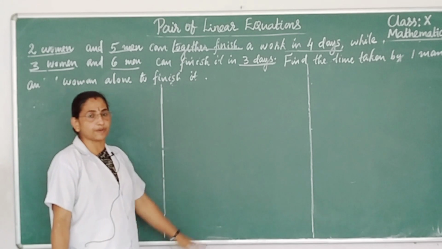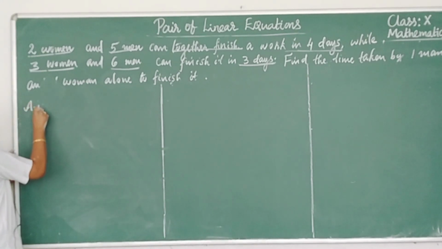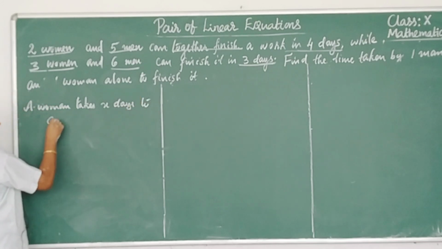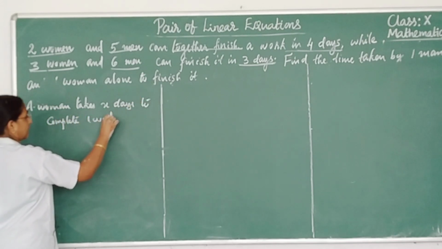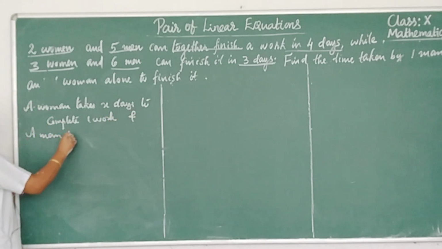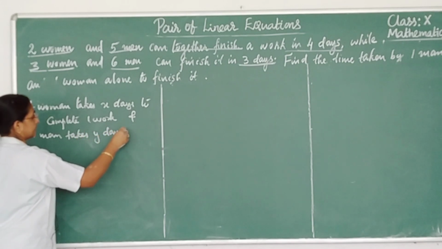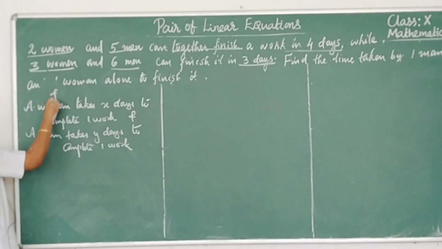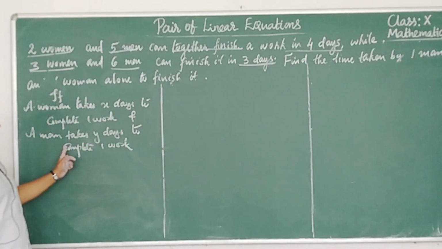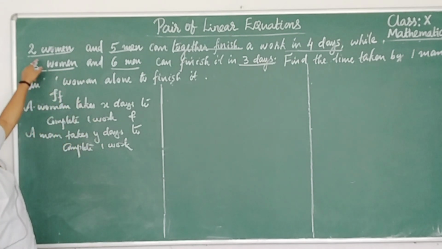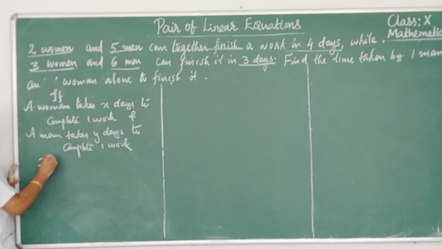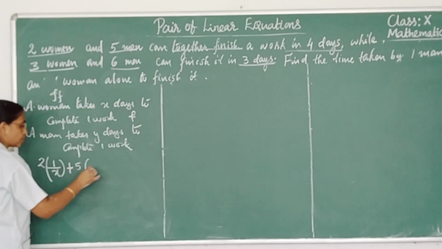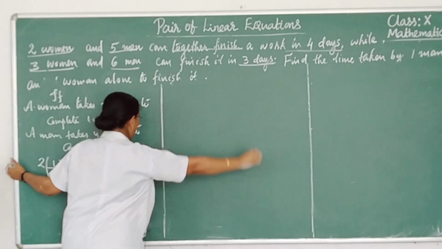Even if we do not frame it this way, if you consider that a woman takes x days to complete one work and a man takes y days to complete one work, you can directly frame the equation by looking at the question. 2 women, that is 2 into 1 by x, plus a man takes y days, so 5 men is 5 into 1 by y, and on the right side 1 by 4.